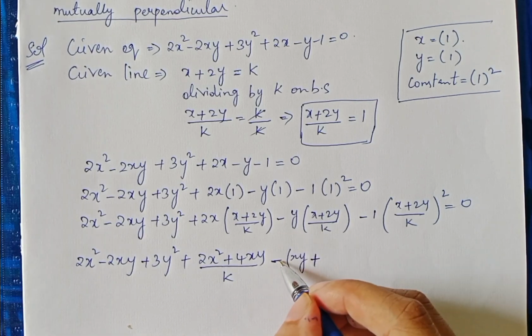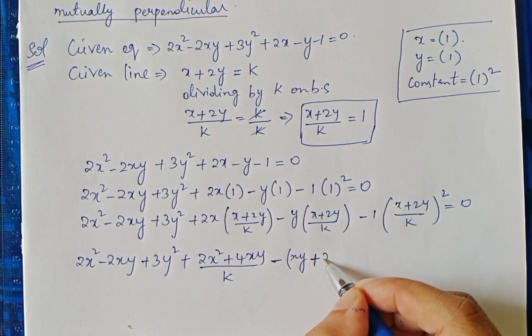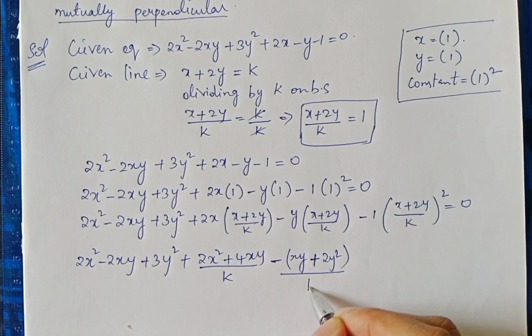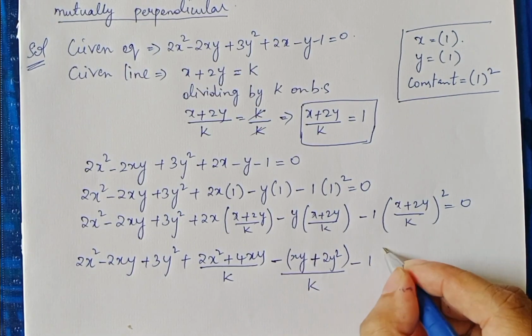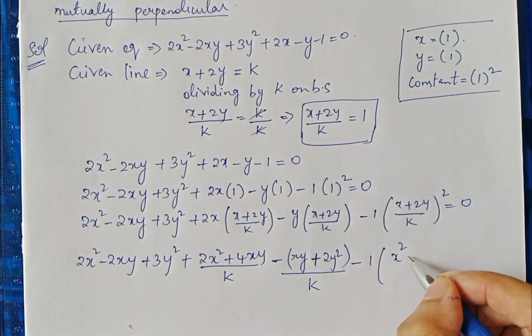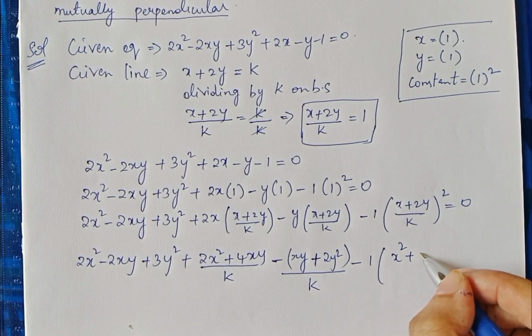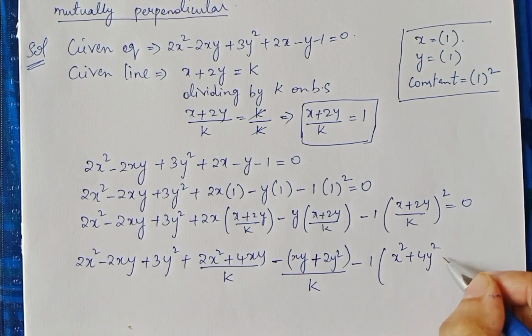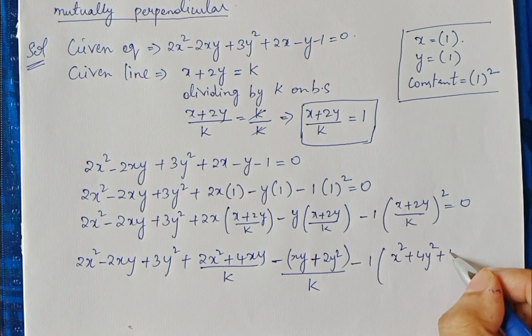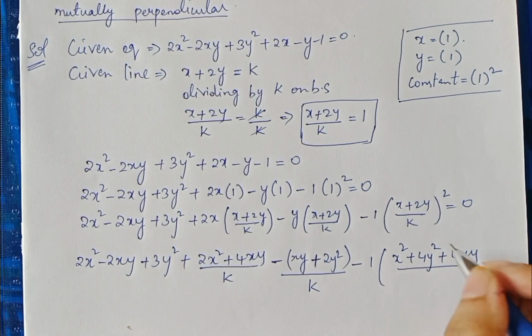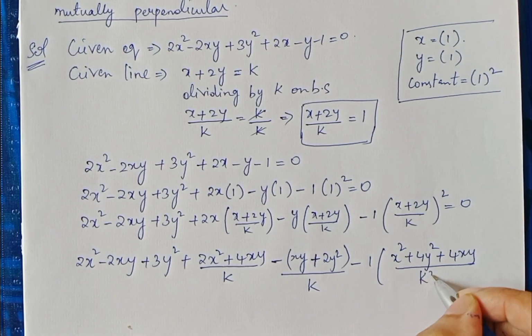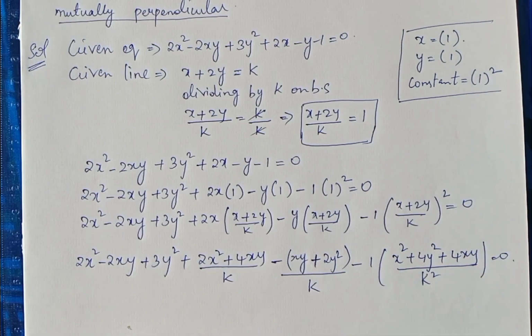Then y into y is y square, 2y square by k, minus 1 times a plus b whole square. So it is x square plus 2y whole square is 4y square plus 2ab is 4xy, by k square equals 0.